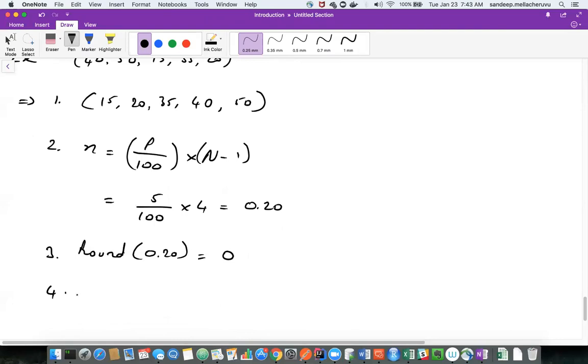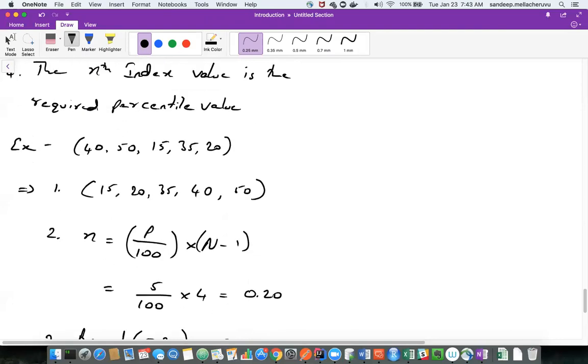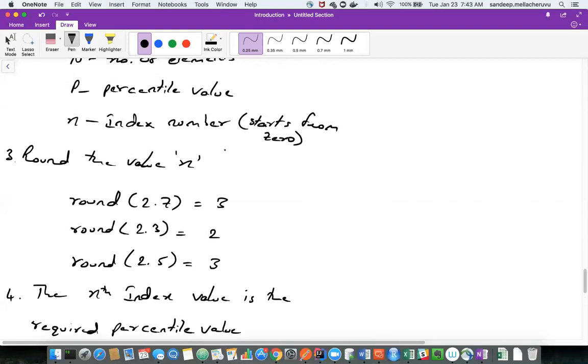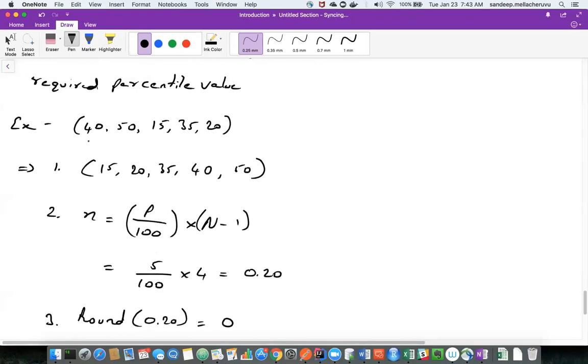So, what is the 0th value? I mentioned here that it is 0 index, starts from 0, which means you should count this as 0, 1, 2, 3, 4. So what we are getting is 15.